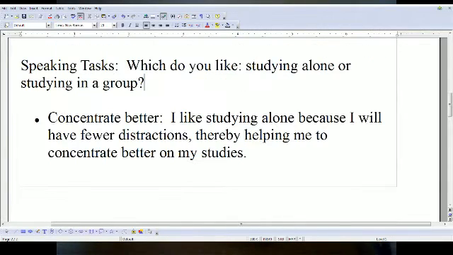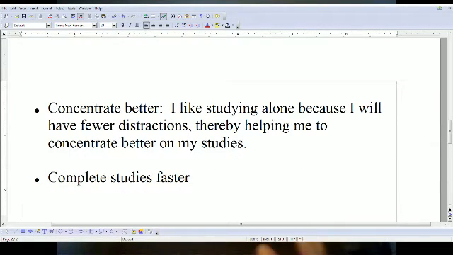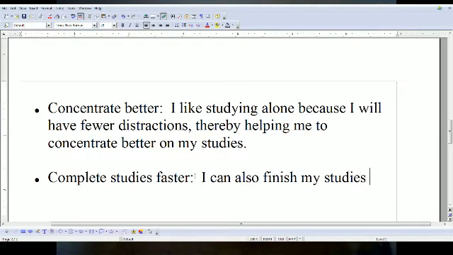Now the key is, what I want to show you here is how you can connect this second point back to this. So let's say that your second point is you can finish your studies faster. You see this here? So I can also finish my studies faster if I study alone. Now here's the key.